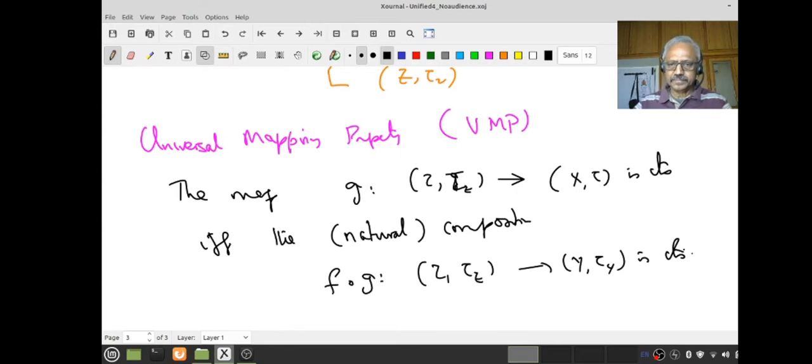Please spend some time. What is the advantage of this property? This is the theorem.